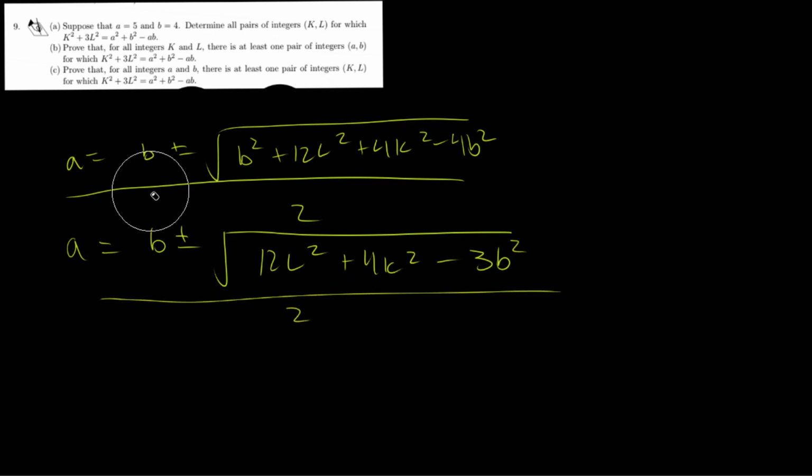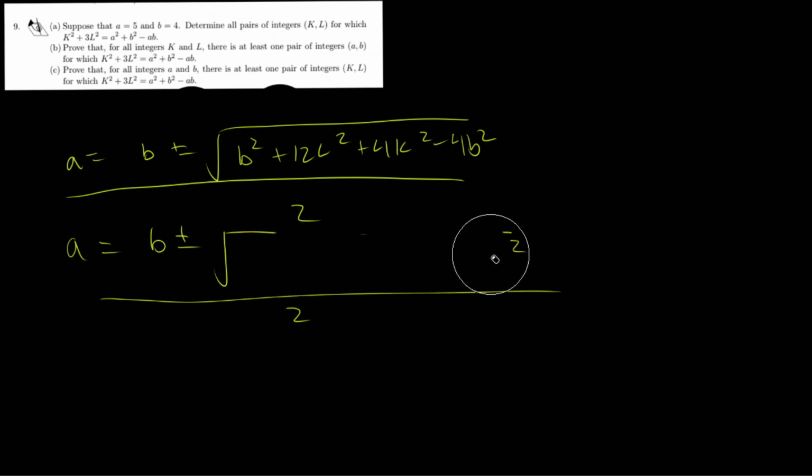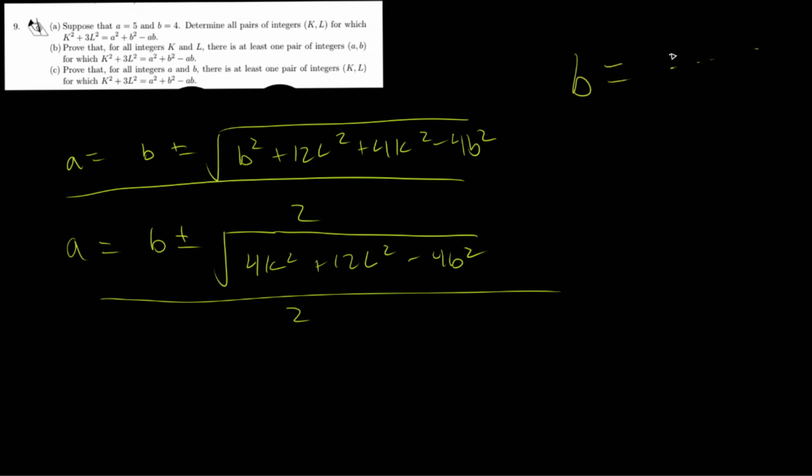And actually, I'm going to do something here. I'm going to rewrite this a little more clearly: 4k squared plus 12L squared minus 3b squared. Now, we want to find B in terms of L, basically. We want to say B would equal something involving L, right?